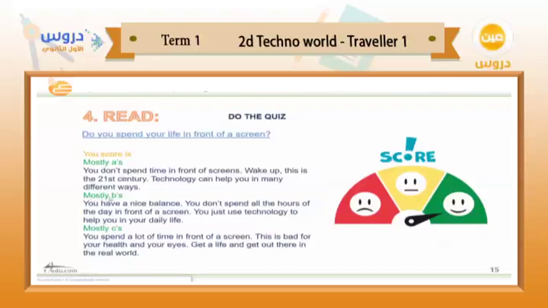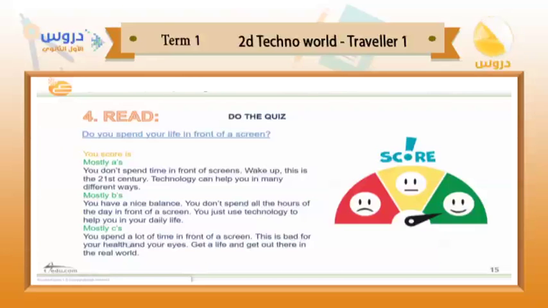But if your answers are mostly B's, you have a nice balance. You don't spend all the hours of the day in front of a screen. You just use technology to help you in your daily life. So this is good. A good balance between technology and real life is good. But if your answers are mostly C's, you spend a lot of time in front of a screen.